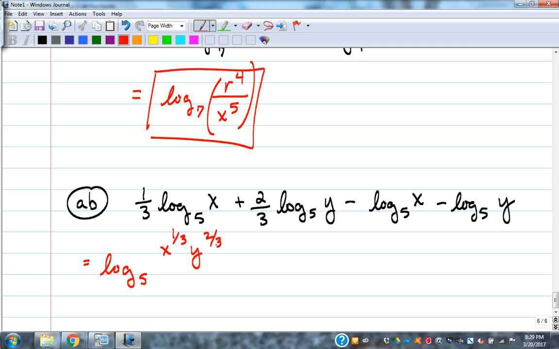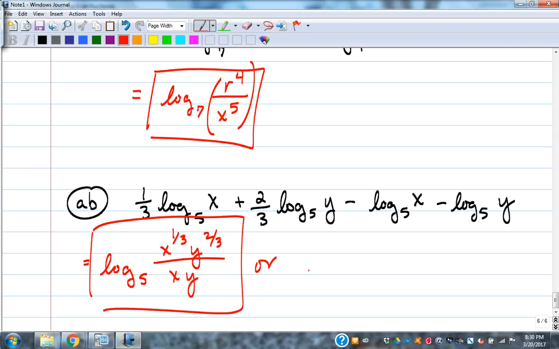Okay. And then over... cubed root is the same as the denominator of 3. So you might see it written like this.